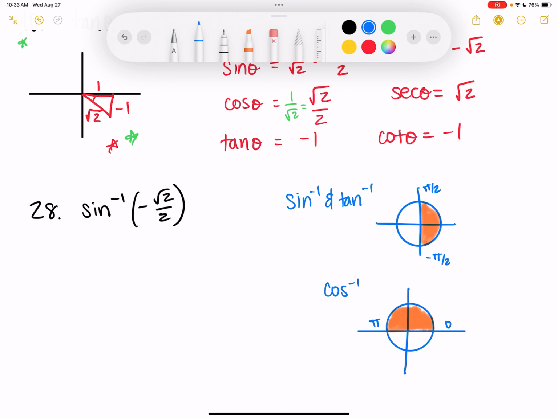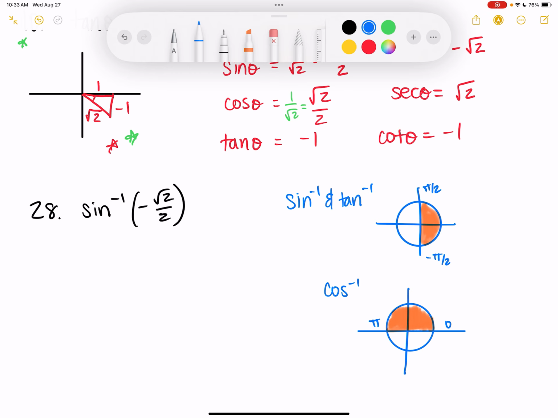So if we were looking at a unit circle, I'm looking for where sine on the right side is -√2/2.